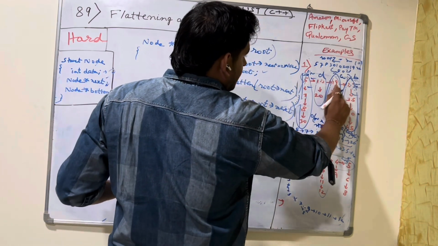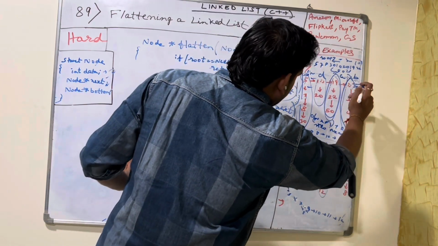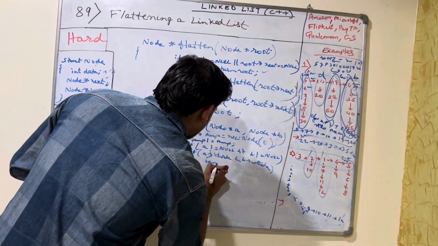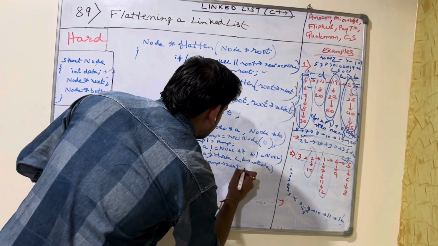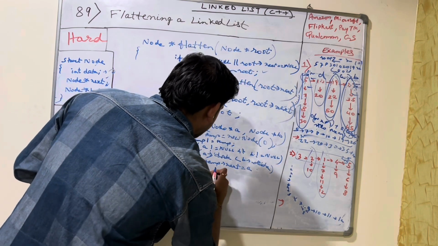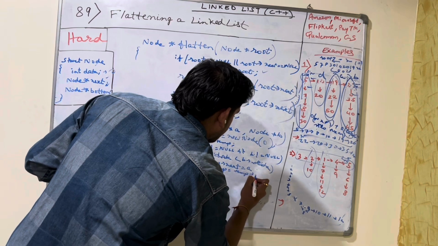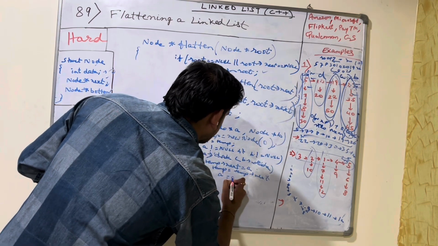If A data 19 is less than 28, right? So in that case, what will happen? We'll point temp next to A, and then we'll move temp is equal to temp next, and then we will move A is equal to A next, right?